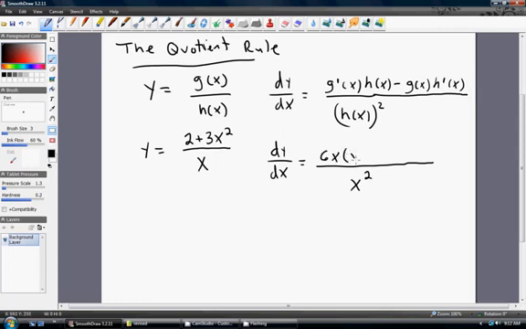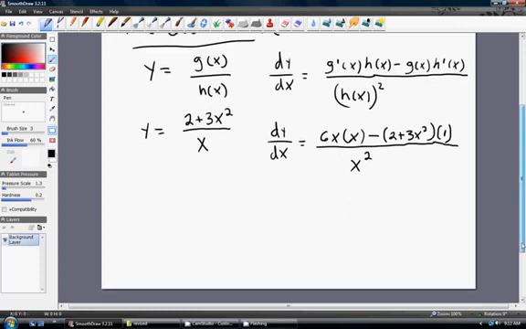And that's multiplied by h of x, where h of x is just x. Then we're going to subtract out 2 plus 3x squared times the derivative of x, which is just 1. We could simplify that a little bit too if we'd like, but in the interest of time I won't do that, and that is the quotient rule.